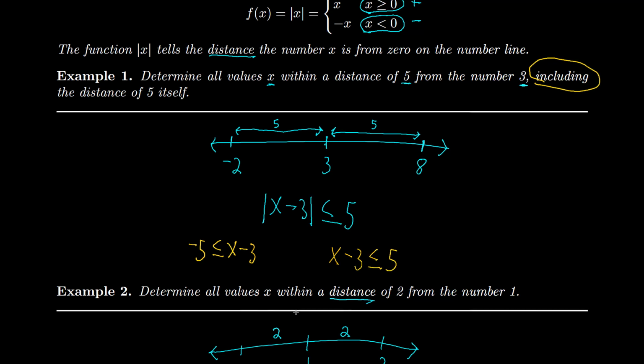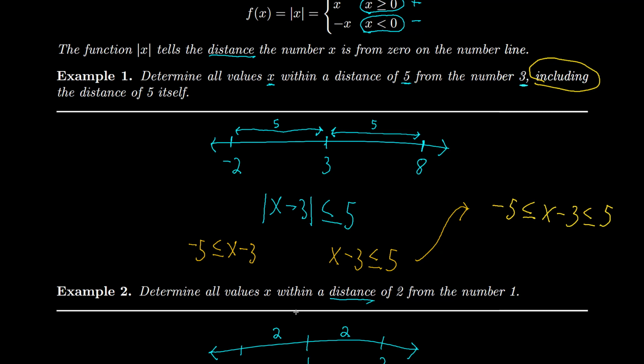If you solve both of these by adding 3 to both sides, adding 3 to negative 5 will give you this negative 2. Adding 3 to this 5 will give you the 8, and the overall compound inequality is negative 5 less than or equal to x minus 3 less than or equal to positive 5.